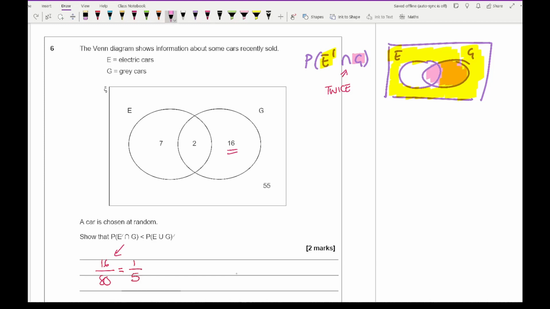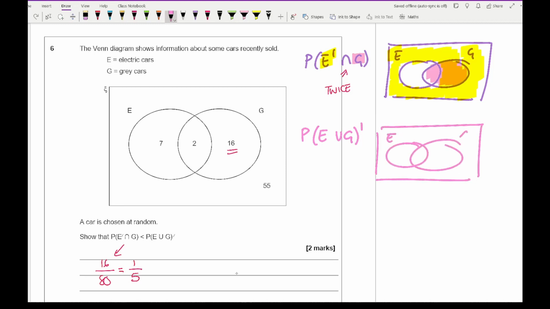Then to work out the probability of not (E or G), if I do my little Venn diagram, E and G, well, E is this bit here, G is this bit here, and so this represents one all shaded area. Now because it says not, then what I actually want is the white area.